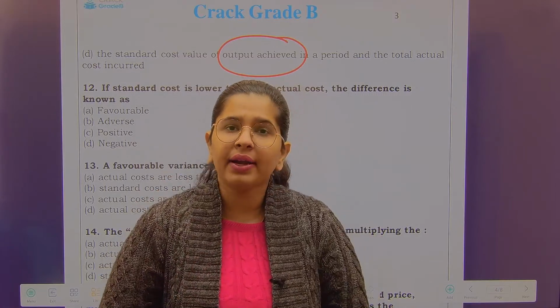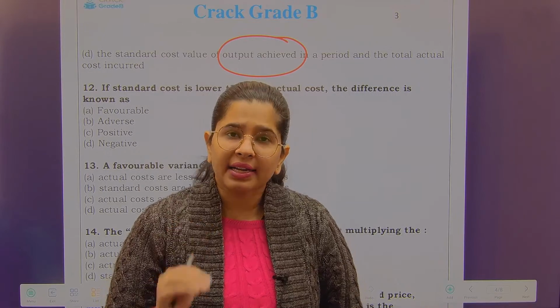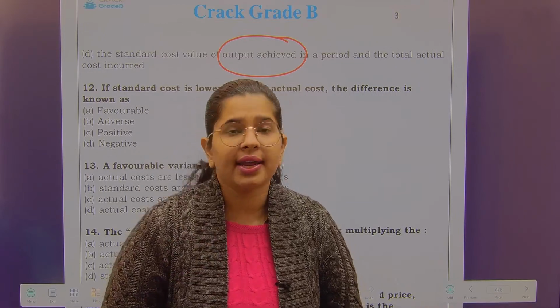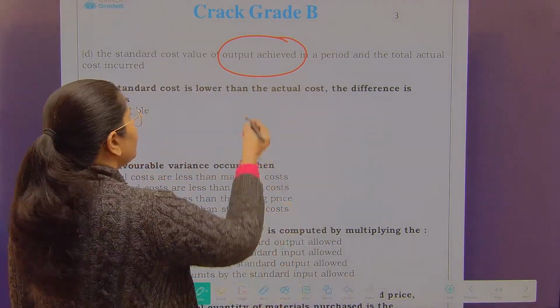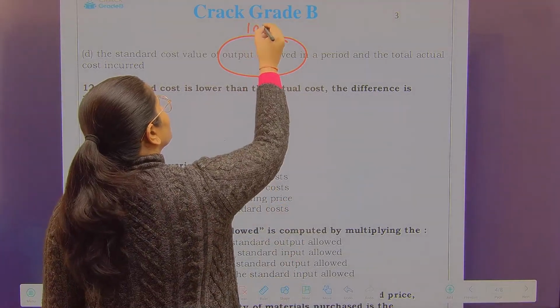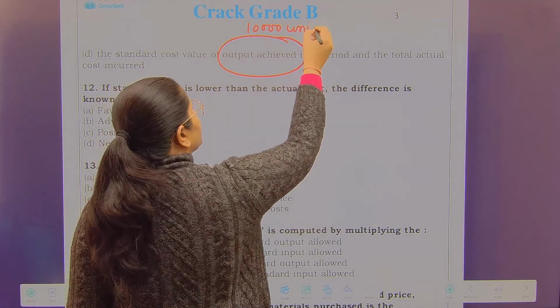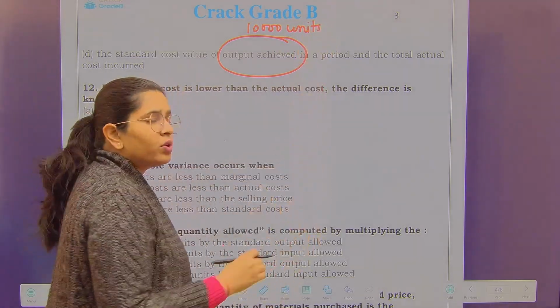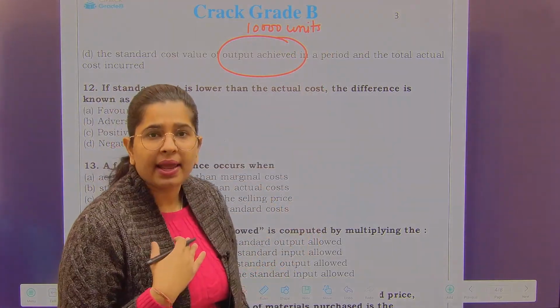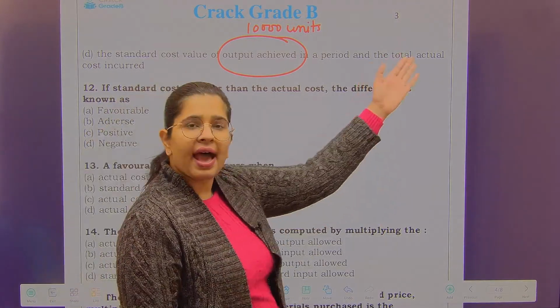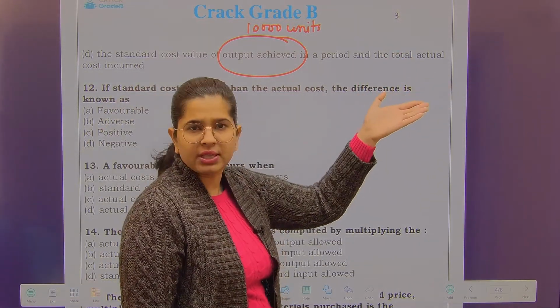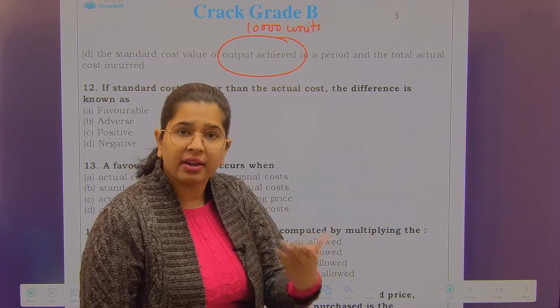What has happened in the current period? That is my point of concern. So suppose I have done production of 10,000 units, this is my output achieved. This is the actual production done by me. So obviously I have actual cost because I have done the production. I have incurred the cost.